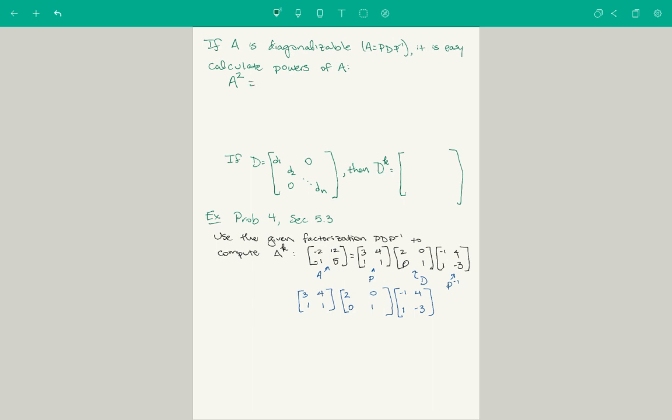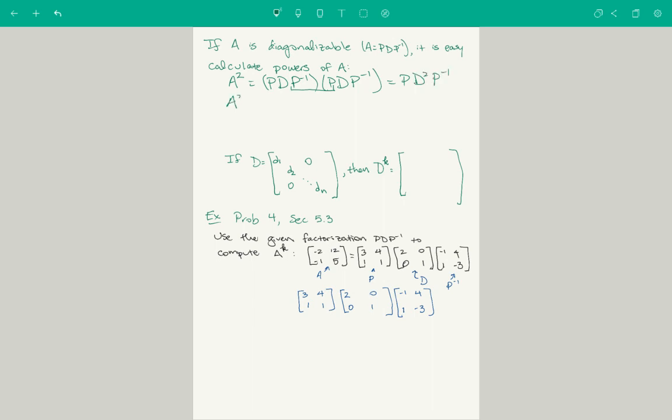Well, A squared is just A times A, and A is PDP inverse. So A squared is just going to be PDP inverse times PDP inverse. But you'll notice that now we have a P inverse and a P right next to each other. So those are going to cancel out, and that's going to leave us with PDDP inverse, or PD squared P inverse.